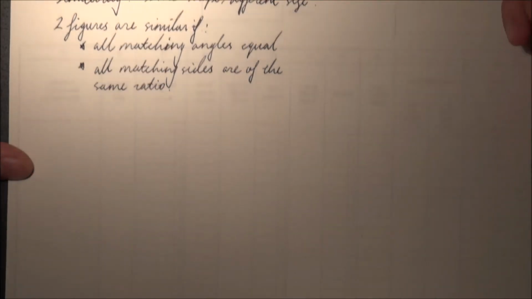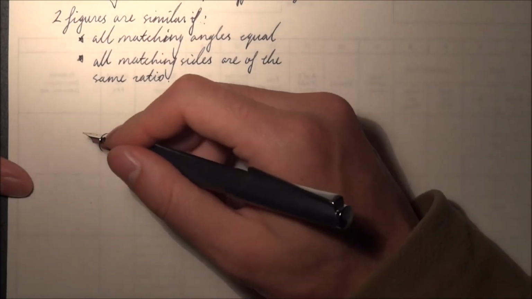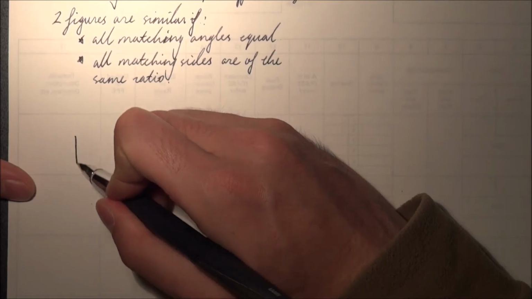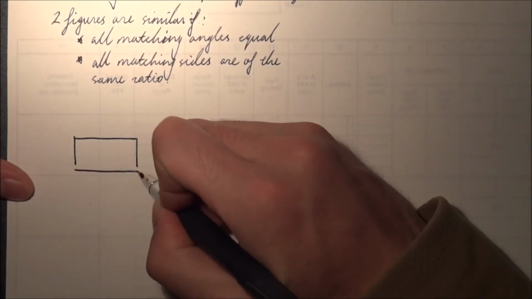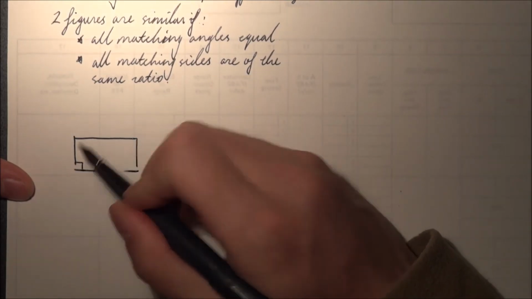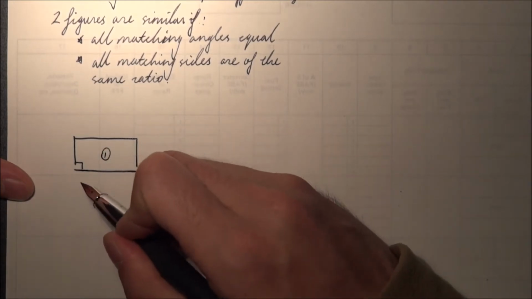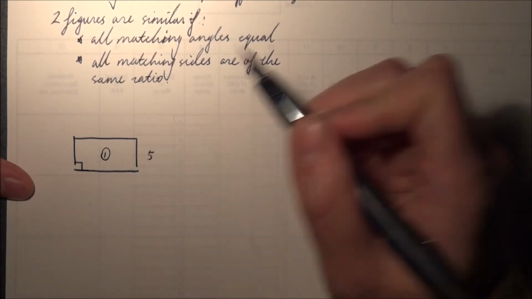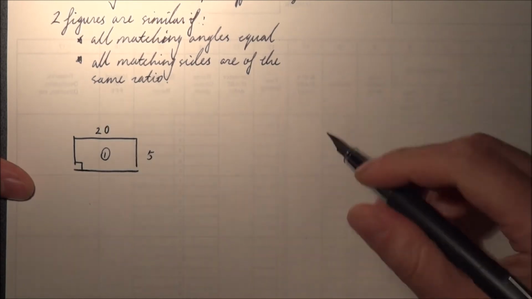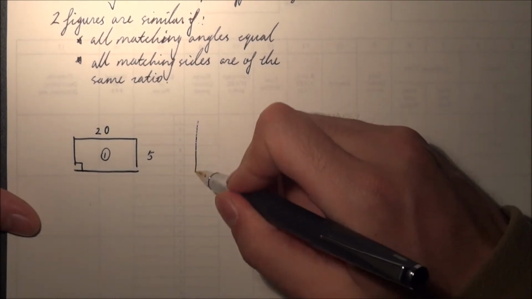Well, let's have an example of, say, two rectangles. Say the first one is 5 wide and 20 long. And now a second one.